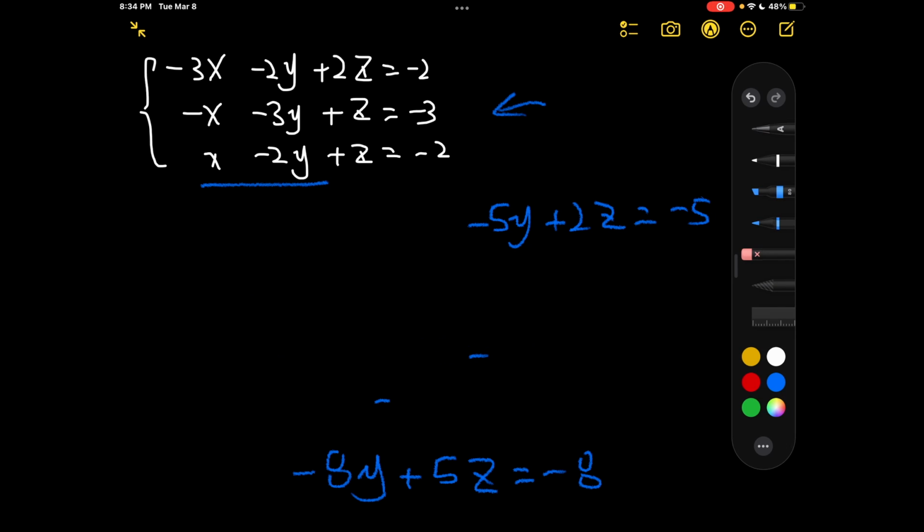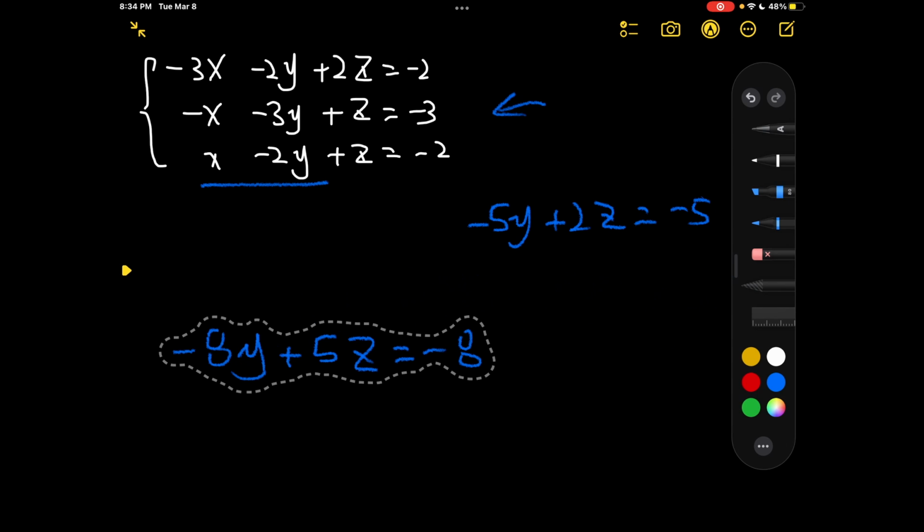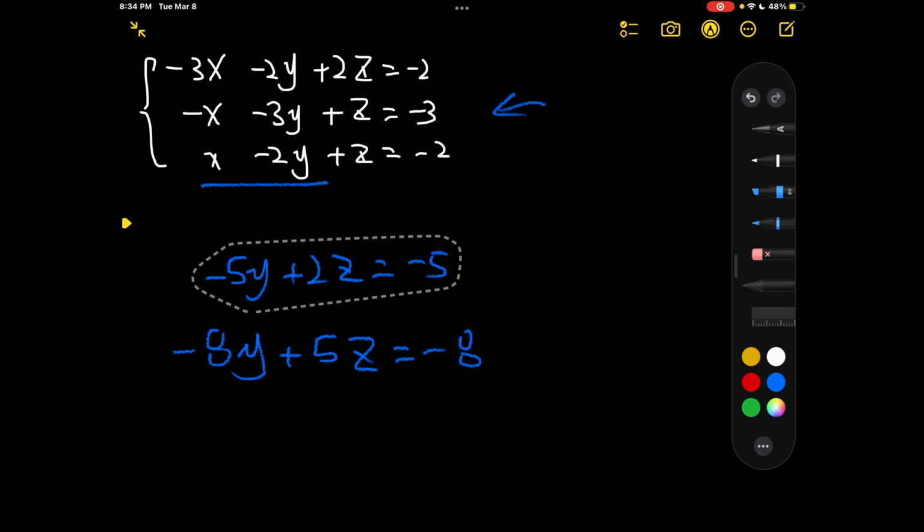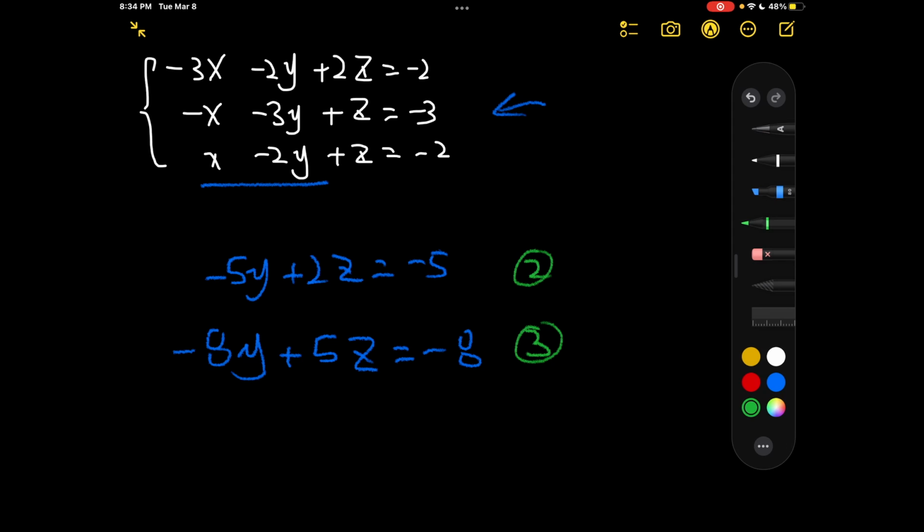And now we try to eliminate y. We can use these two, the new equations 2 and 3.